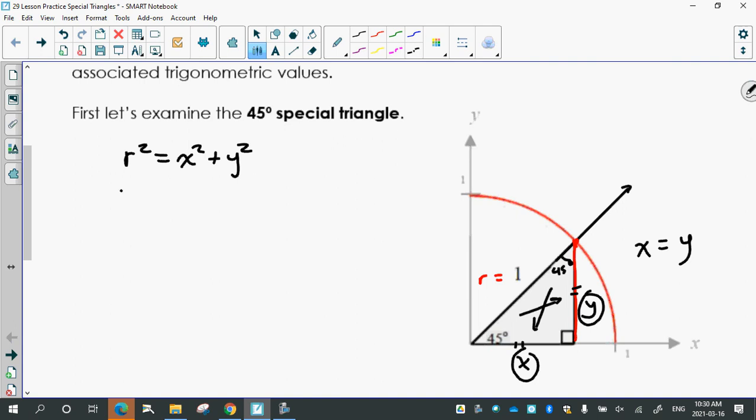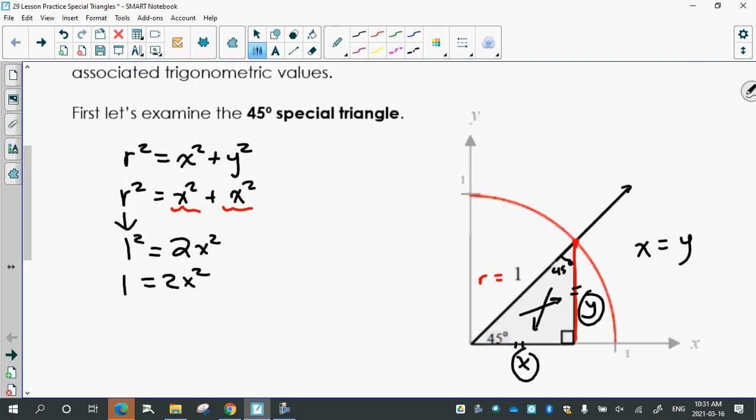So I can replace y squared with another x squared. And do I know r? It's 1 squared, good. And then x squared plus x squared gives me what? 2x squared? And 1 squared is just 1.